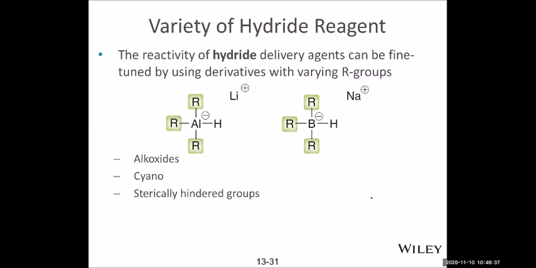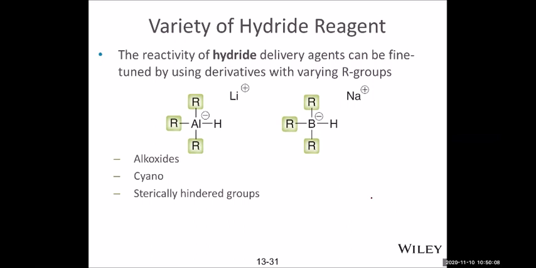When you make the reagent less reactive, typically it causes the activation energy to be higher and the reaction slower, and it can make the reaction more selective, such as we've seen in the halogenation of carbon through free radical reactions.